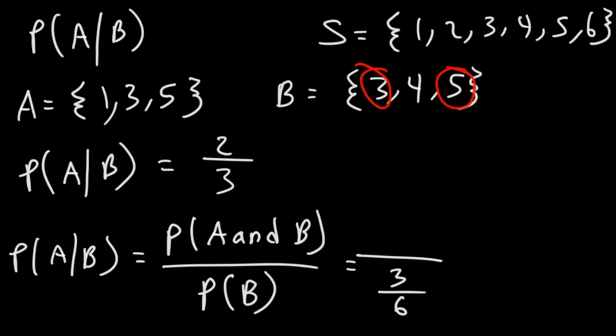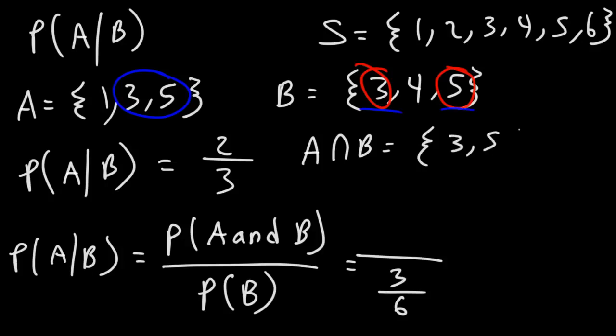Now, what about the probability of events A and B occurring? Well, let's write the sample space for A and B. So this is the intersection of A and B. And we know that the numbers 3 and 5 correspond to A and B. So event A and B will occur if we get 2 numbers out of the 6 potential numbers that we could get.